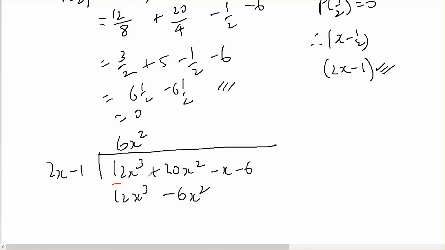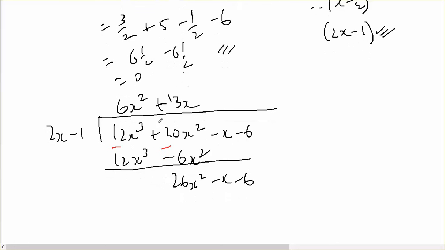I subtract the second one from the first. They disappear. 20 plus 6 is 26x squared minus x minus 6. 2x goes into 26x squared 13x times. 13x times 2x is 26x squared. 13x times minus 1 is minus 13x.